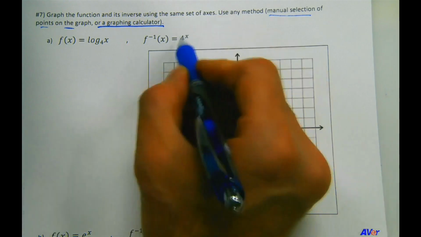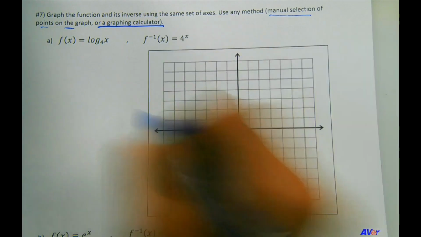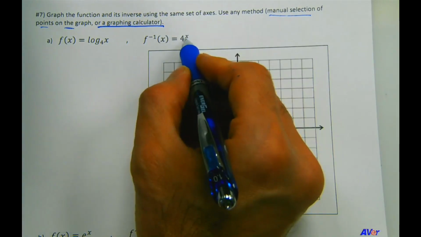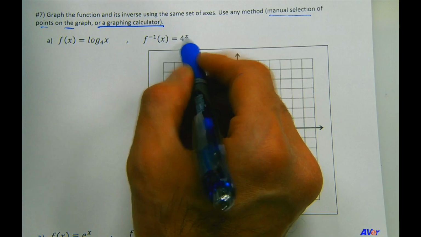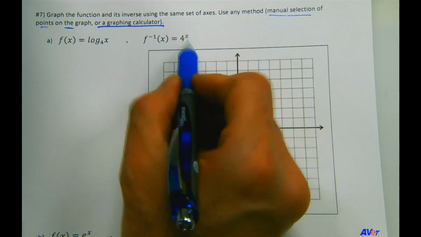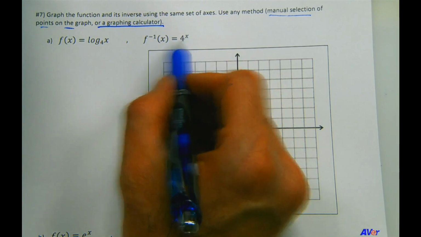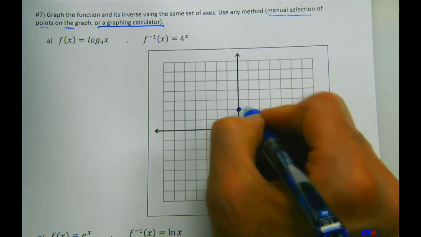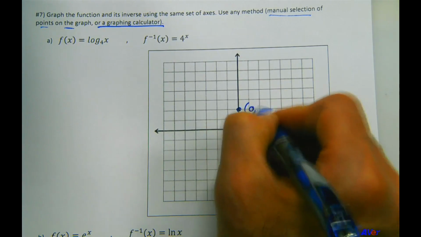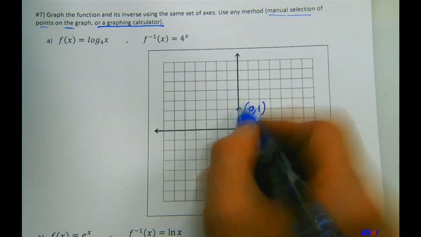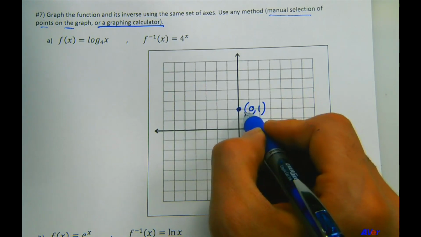So we know this is an increasing function, so it goes like that. But the y-intercept would be wherever x is 0, right? So if you plug in 0 for x, you get 4 to the 0 power, which is 1. So let's say that point is (0, 1). I could have put it here, but I want to make it more visible here, (0, 1).